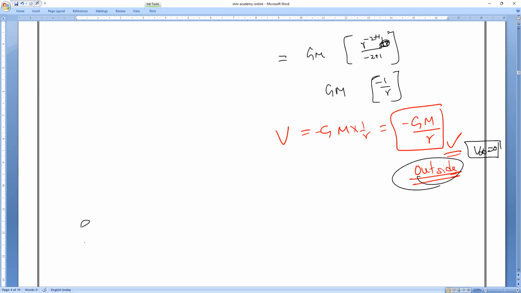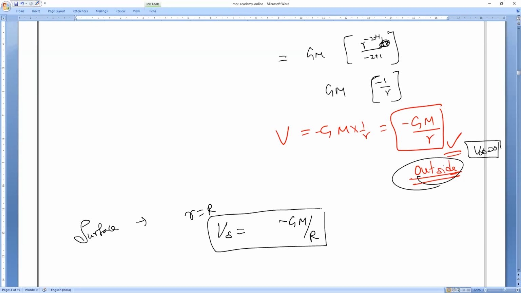Now if it comes to the surface, small r is equal to capital R. So on the surface, V is equal to minus GM divided by R. This is the formula which you need to remember, for the potential at point P, which is minus GM by r.